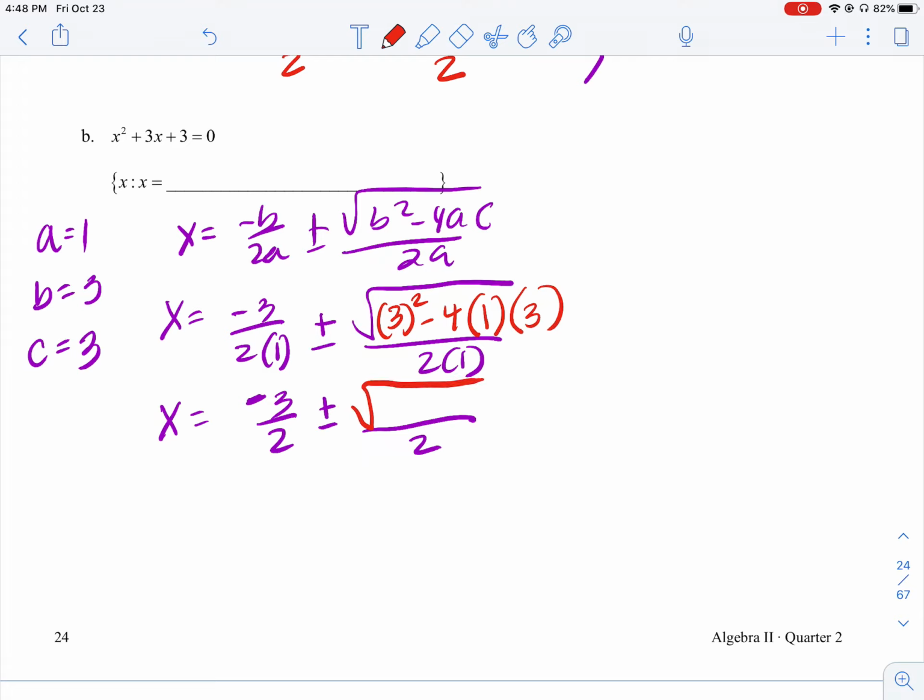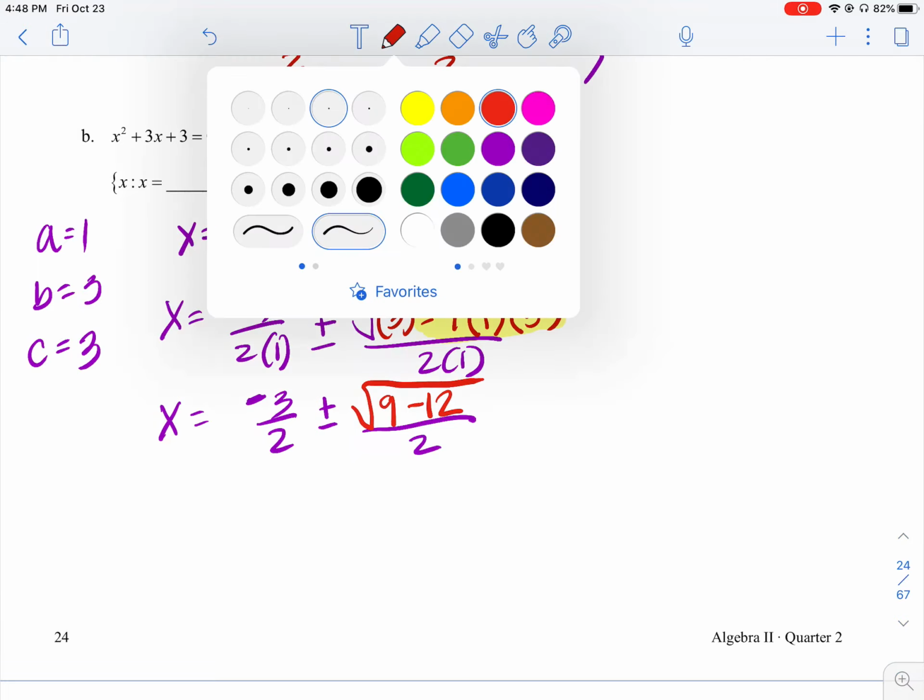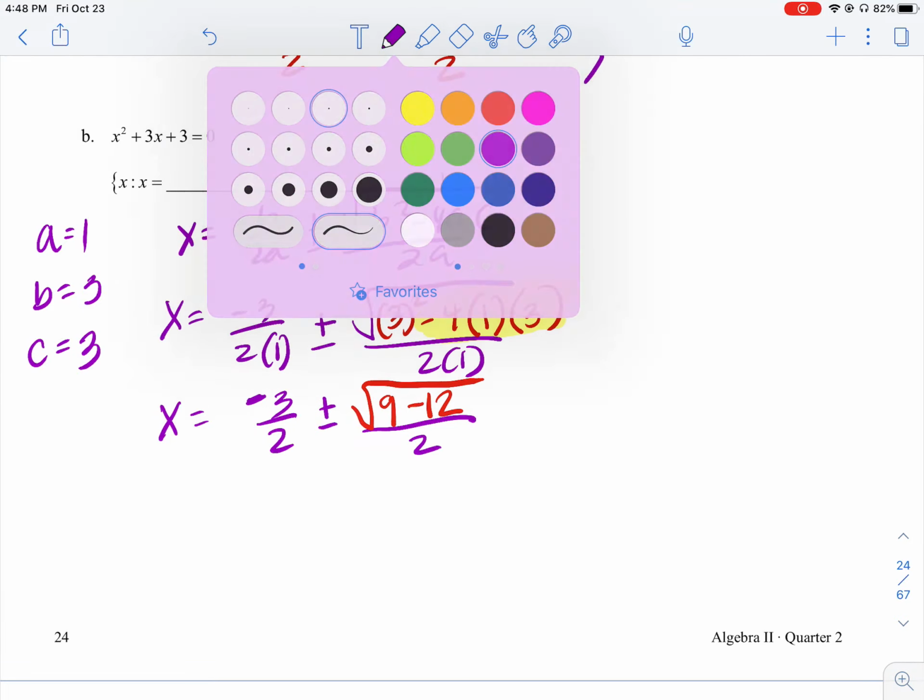We have 9 because 3 squared is 9. And then I'm going to multiply all those three numbers right here. Negative 4 times 1 times 3 is negative 12. Agreed?